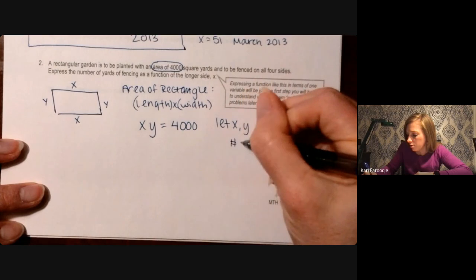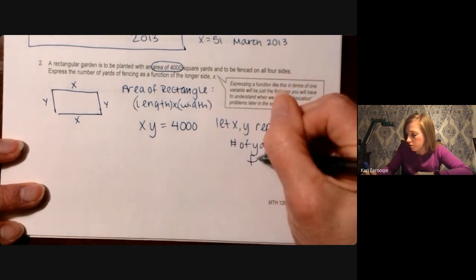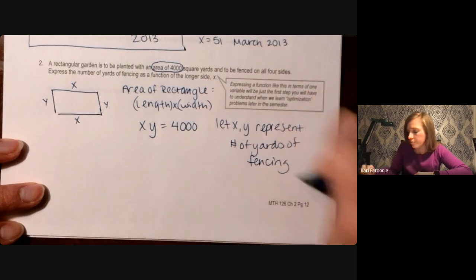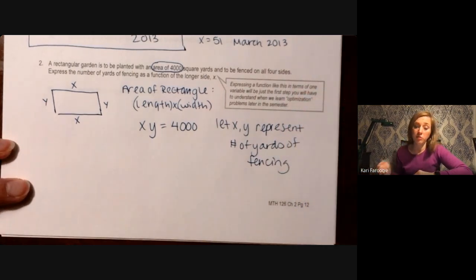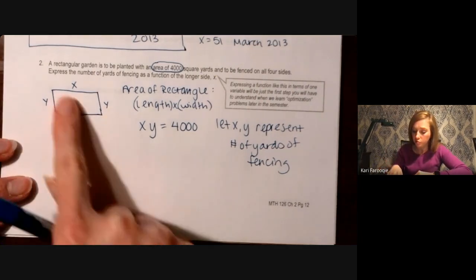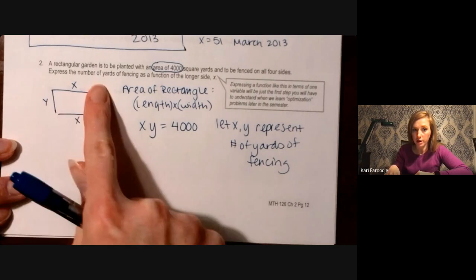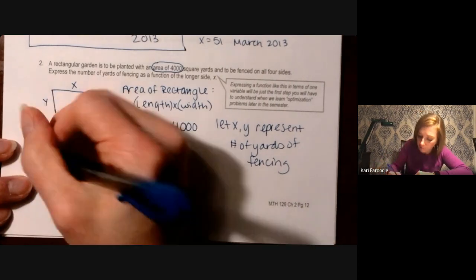Okay. So if I'm going to be fencing this, I'm talking about perimeter. I'm just going to add x plus y plus y to get the number of total yards of fencing that I'm going to need.